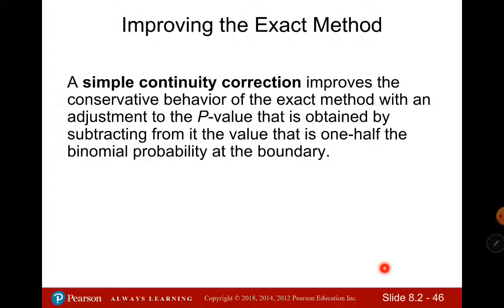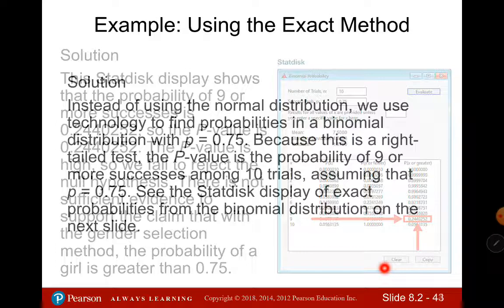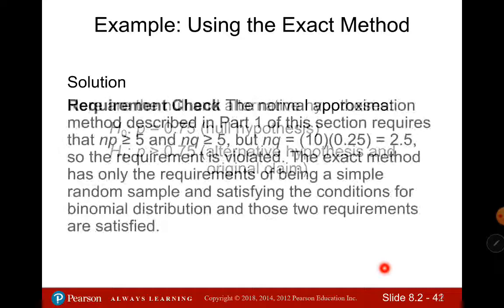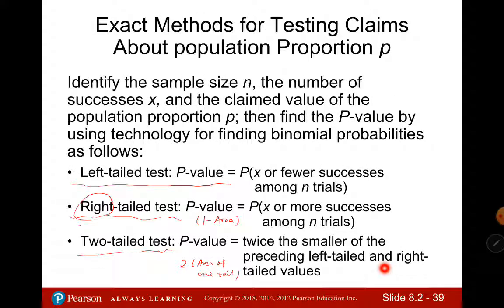We only need to know how to use the test statistic, the method based on the normal distribution to approximate the binomial distribution. So we do not talk about the exact method. This one is based on technology. We only need to know the p-value method and the critical value method, the whole procedure, and how to use these two methods to get our conclusion.